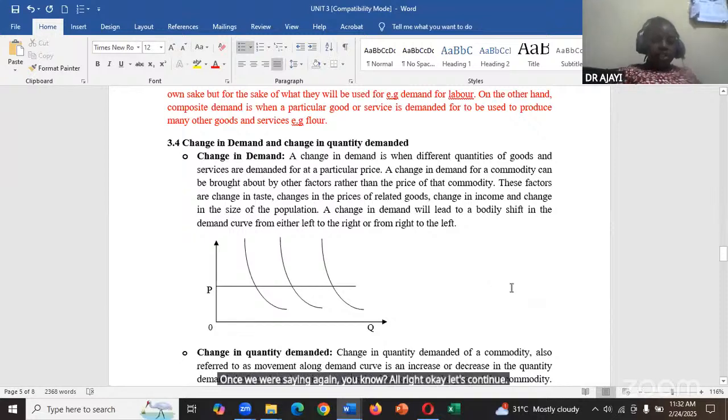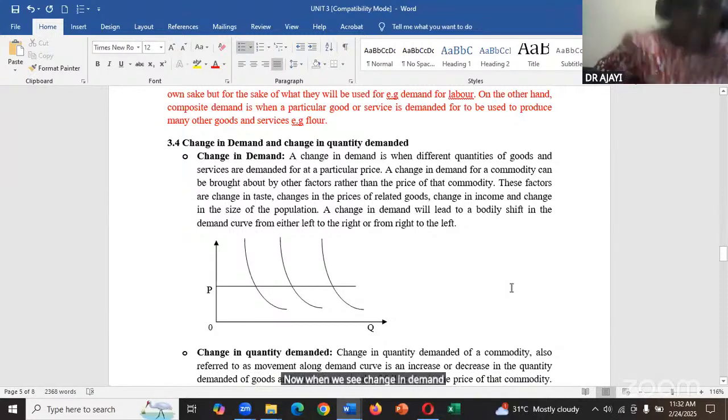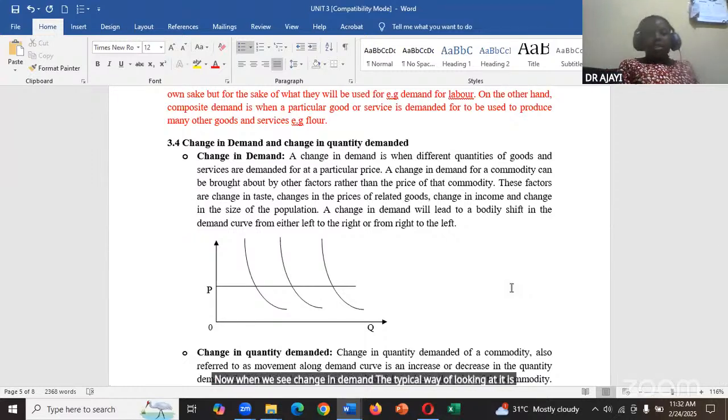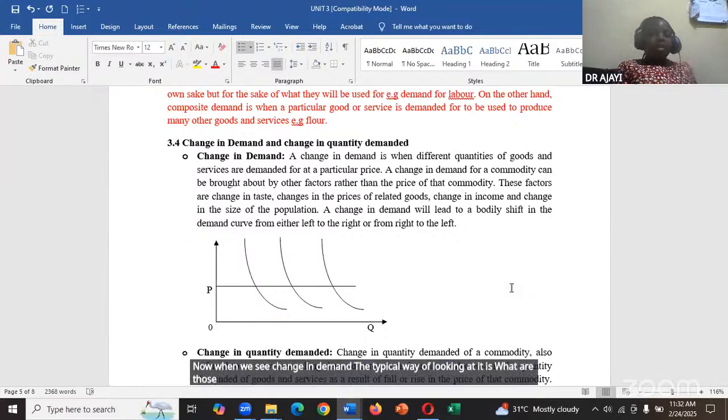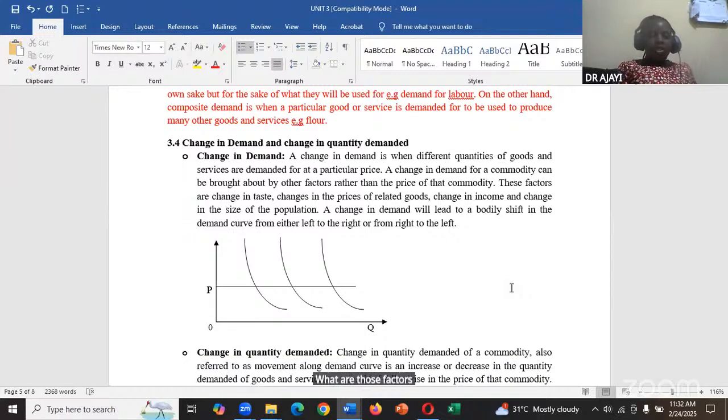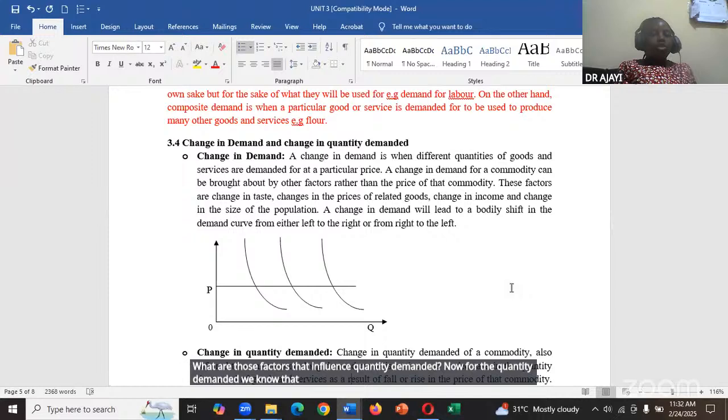Now, when we say change in demand, the typical way of looking at it is: what are those factors that influence demand? What are those factors that influence quantity demanded? For quantity demanded, when you list out those factors, you say price. Once price changes, it affects quantity demanded.